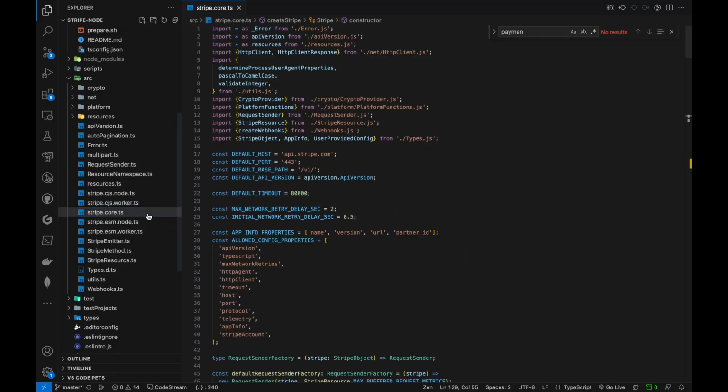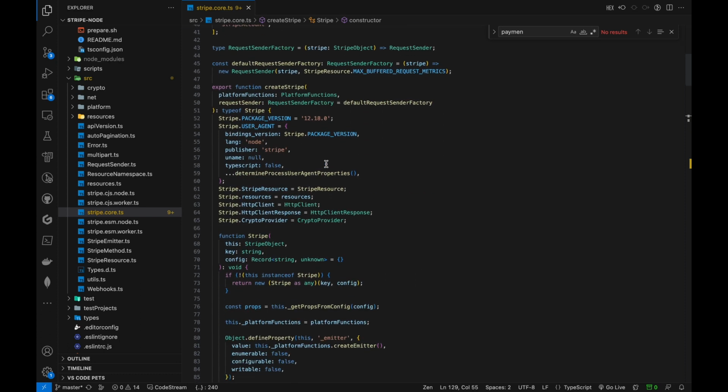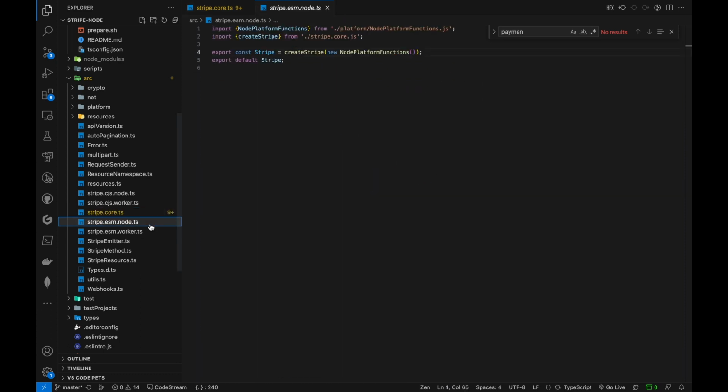The functionality of the SDK code exists in the next layer, which is a composition layer that essentially combines all the different Stripe resources as submodules into an object that gets instantiated when you call the constructor on the Stripe class.